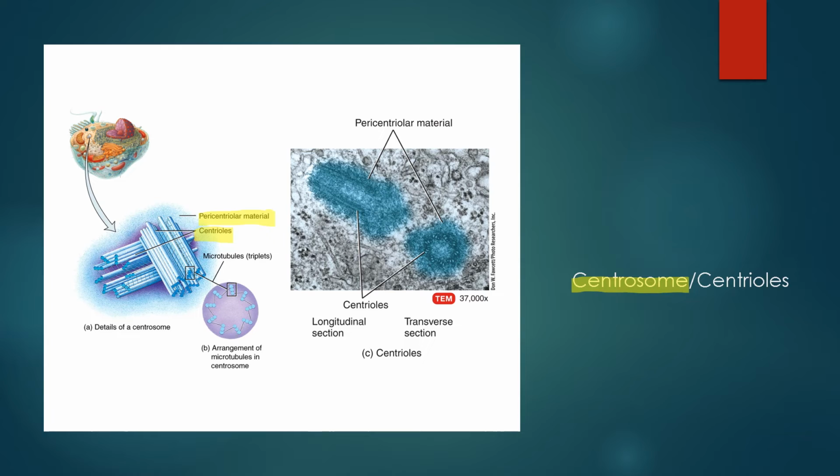The two centrioles are very cylindrical structures and not too important on the specific details, but just for interest's sake, they are each composed of 9 clusters of 3 microtubules arranged in this circular pattern that you can see here. You don't have to remember this for an exam or anything.